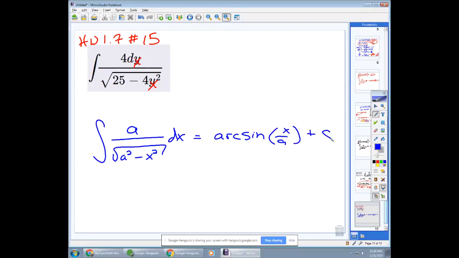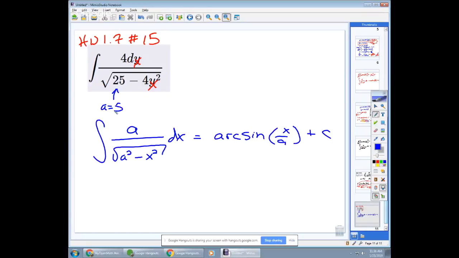So let's see, what do we have here? Well, the a would be 5. I can see that from this right here, because that should be the a squared. Now, I don't have an a up top, but I could easily throw one in and compensate for it. The 4, that's an interesting one here.